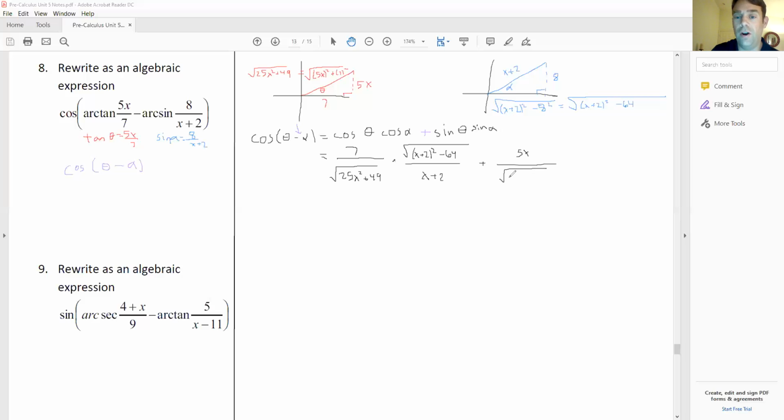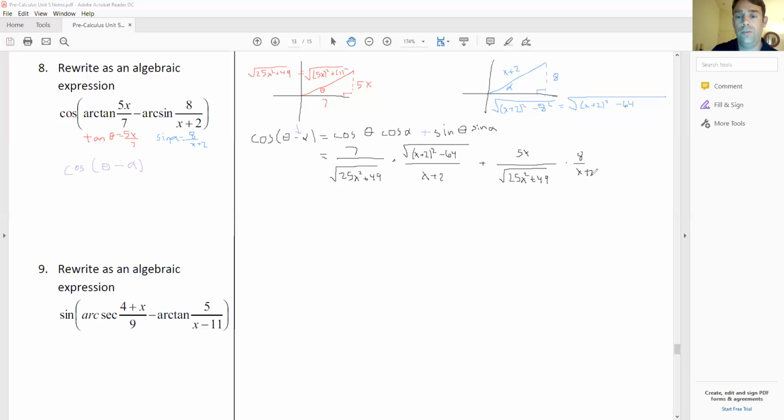Now notice, these aren't pretty answers at all, but we're just combining things that we've done before. As long as we take our time and are careful about it, we'll be okay. And then times sine of alpha, which would have been 8 over x plus 2.